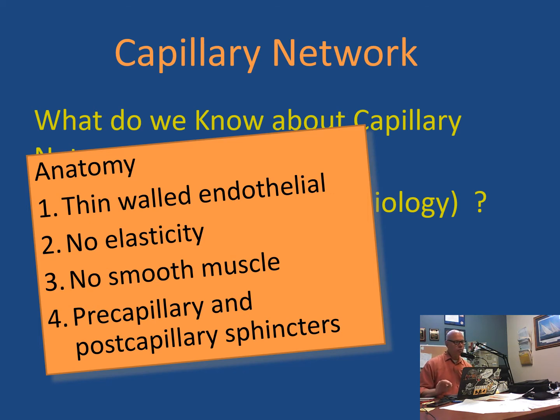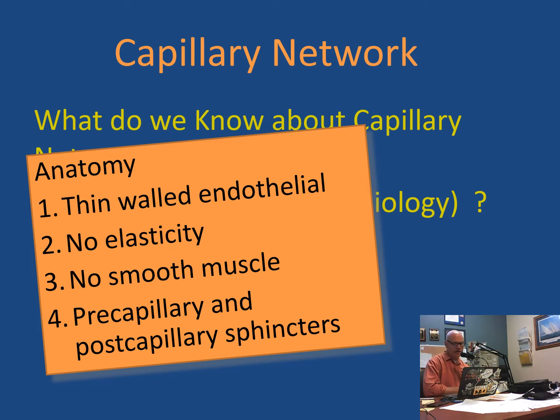First, it's a very thin-walled endothelial lining. So as blood is going into the capillary, we can't have a bunch of smooth muscle. We can't have a bunch of structure to our capillaries. If there was a bunch of structure there, we wouldn't be able to move a bunch of gases and nutrients and waste through the thick tissue that we might think of when we see veins and arteries.